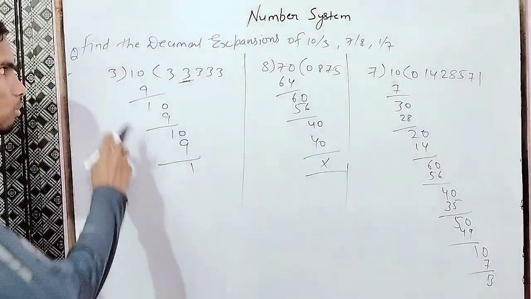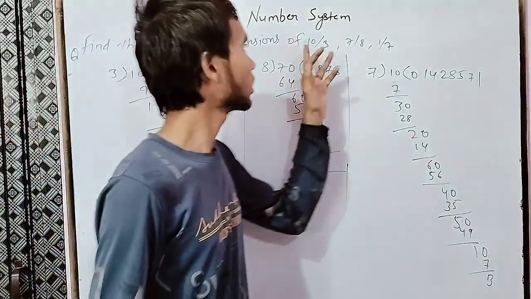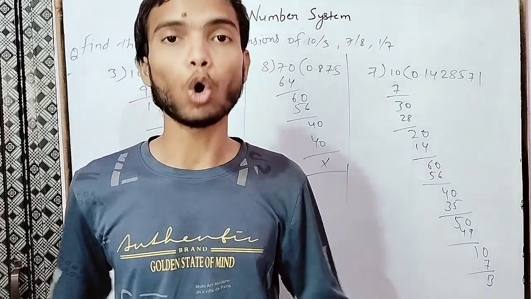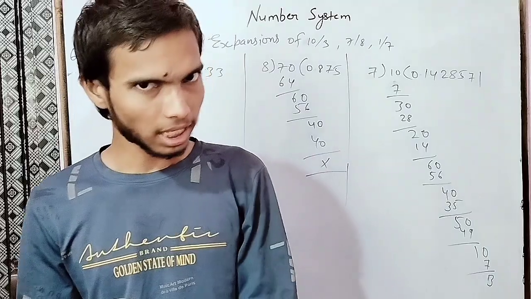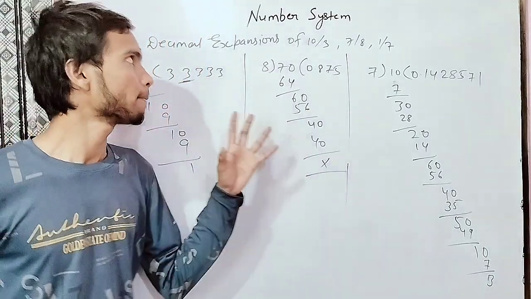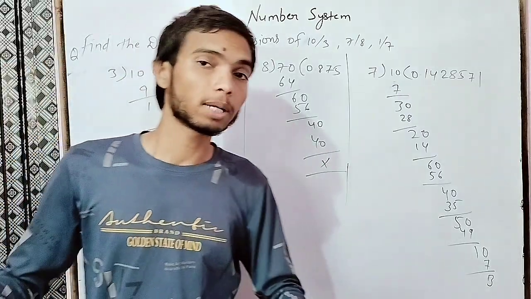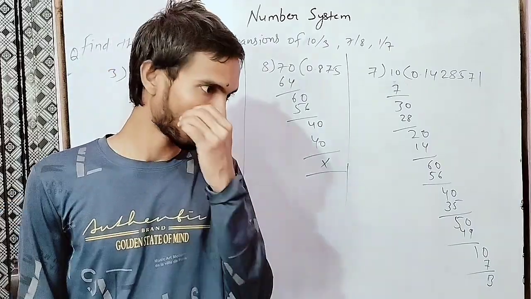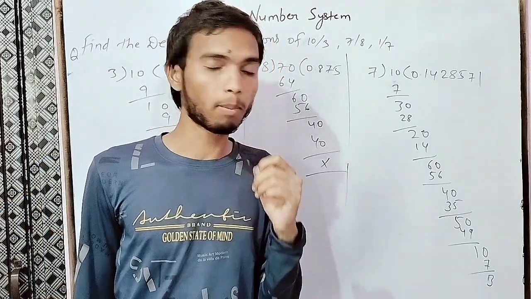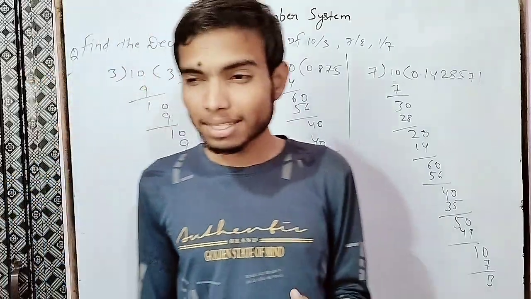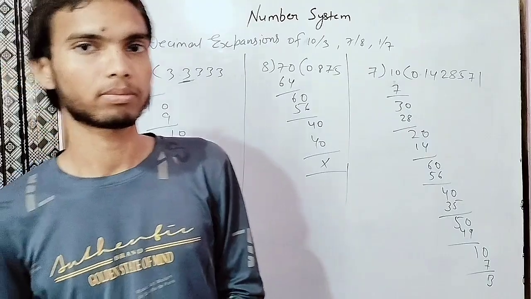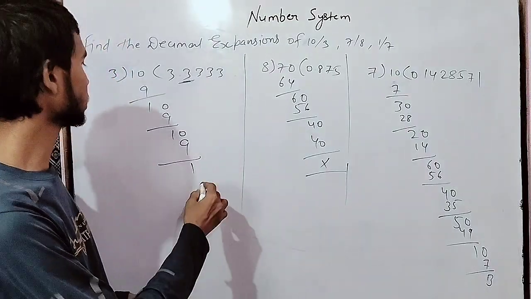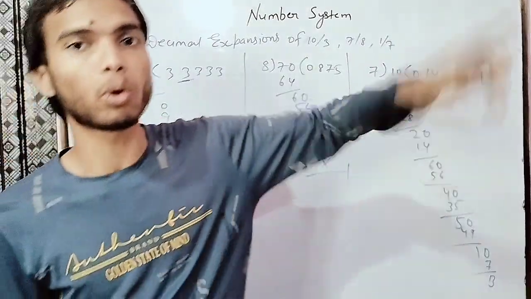Now you can see here 10 upon 3. Is 10 upon 3 rational or irrational? I would say rational. How? Let's see. Here 3 is repeating after the decimal. Now one point more: does the remainder end or not? If the remainder does not end, you can see the remainder keeps going on.